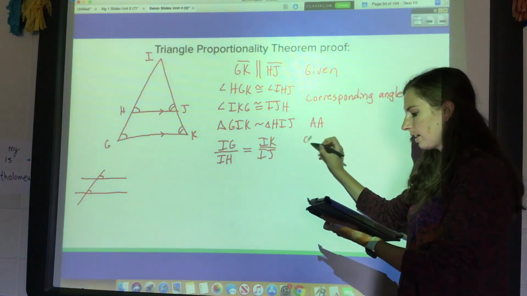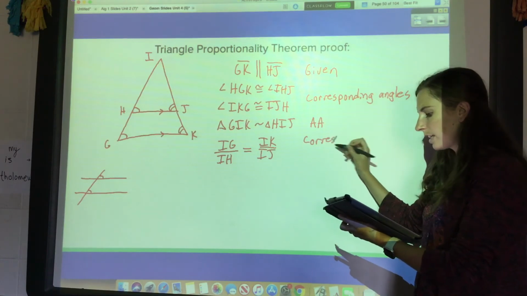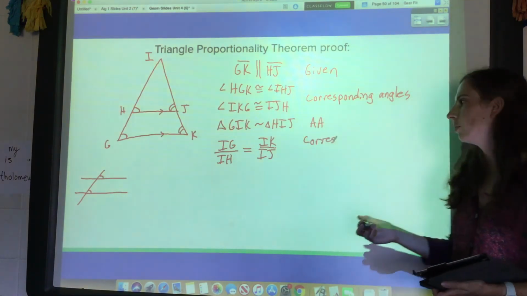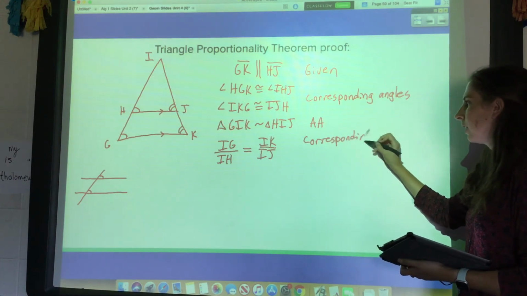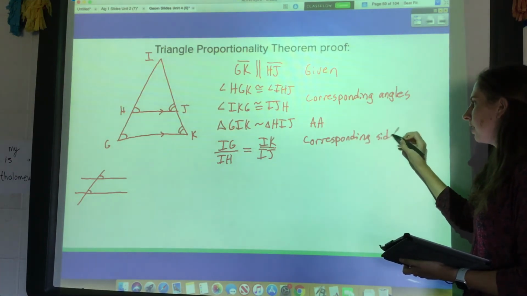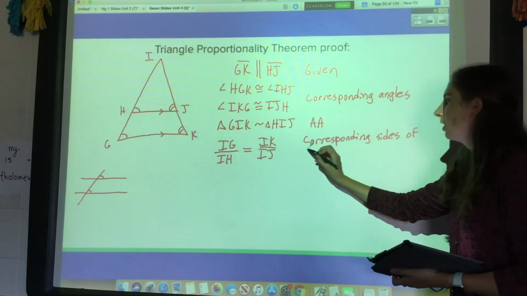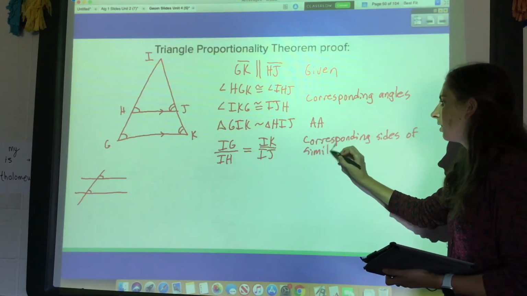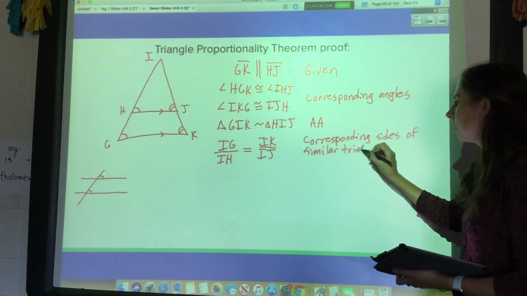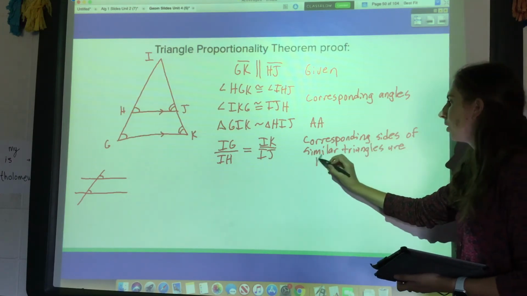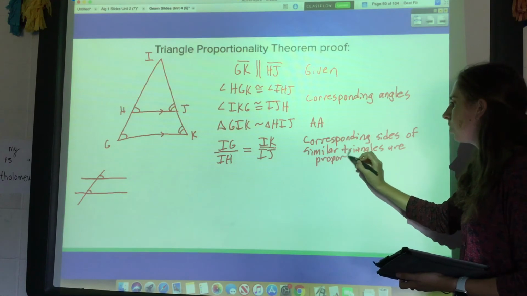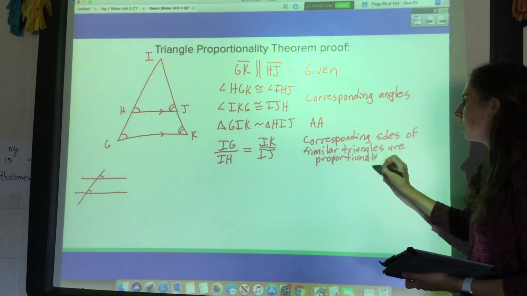And that's because the corresponding sides of similar triangles are proportional. So I'm going to write that. The corresponding sides of similar triangles are proportional.